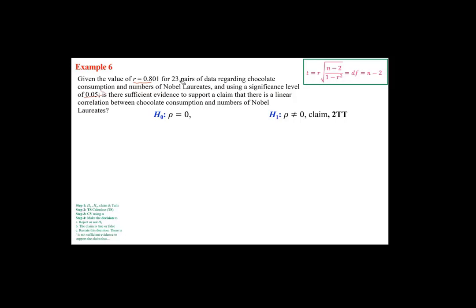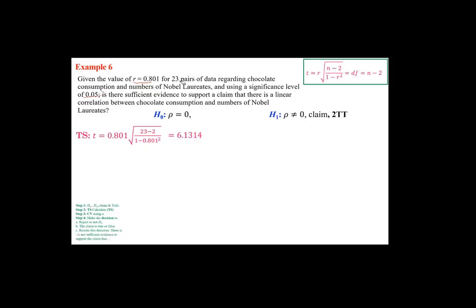So let's do the test statistic. Look at the formula. We are going with method 1. So T distribution is used here. So R is given, N is given, plug in. So T becomes 0.801 times the square root of 23 minus 2 over 1 minus 0.801 squared, resulting in 6.1314. This is a two-tailed test.